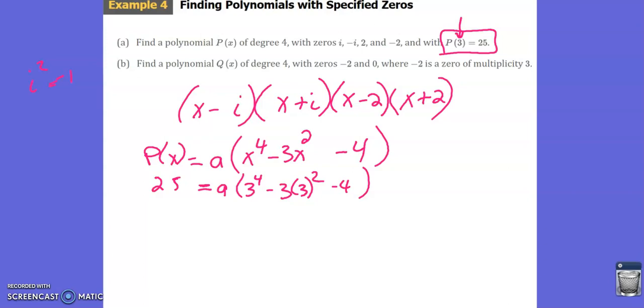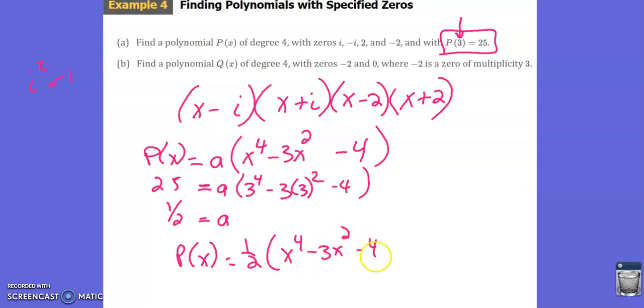Once I solve this, I'm going to end up getting a equals 1/2, which means the polynomial that I'm trying to find in this problem is 1/2 x to the 4th minus 3x squared minus 4, which is 1/2 x to the 4th minus 3 halves x squared minus 2. So this is my final answer for the polynomial.